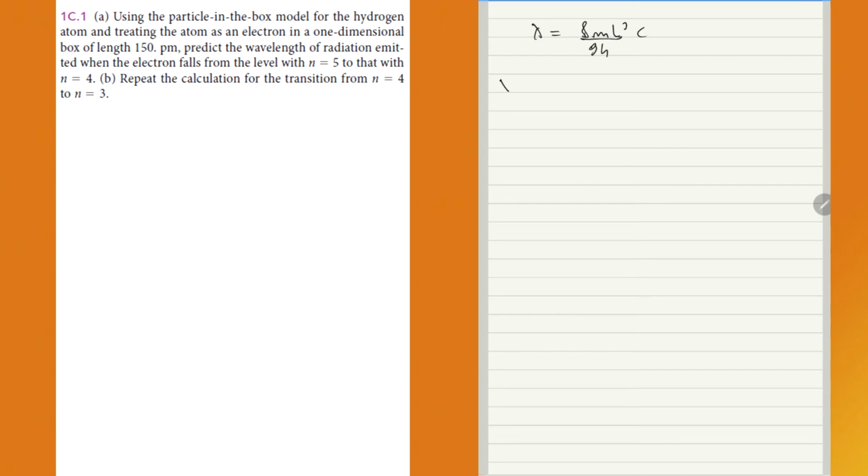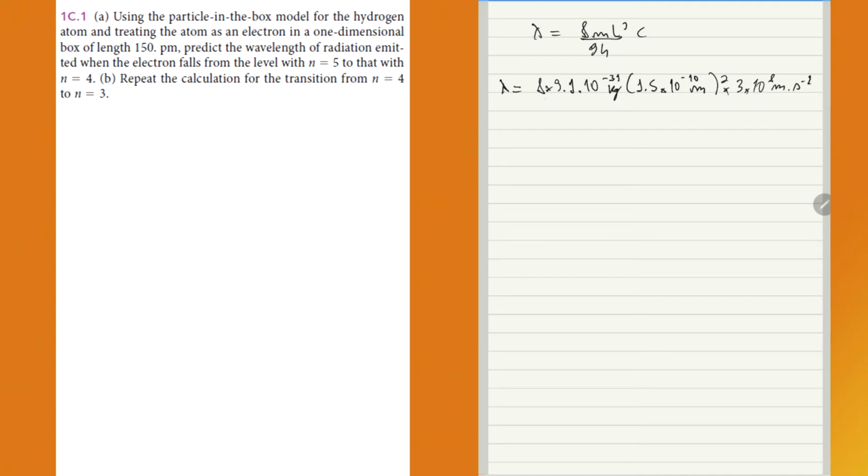We need to substitute here the 8, the m, which is 9.1 times 10 to the negative 31 kilograms, times the size of the box, which is 1.1 times 10 to the negative 10 meters, squared, times the speed of light in a vacuum, which is approximately 3 times 10 to the 8 meters per second.